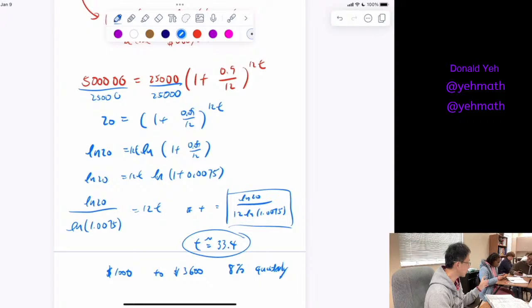Otherwise, the calculator thinks about divide and times, because the decimal can automatically go on the bottom. With her calculator, it's going to think about divide and times.